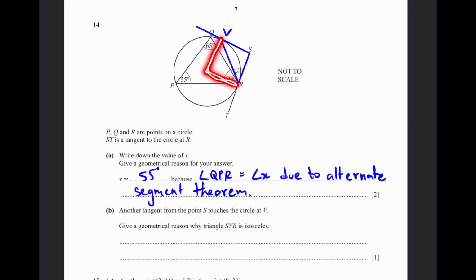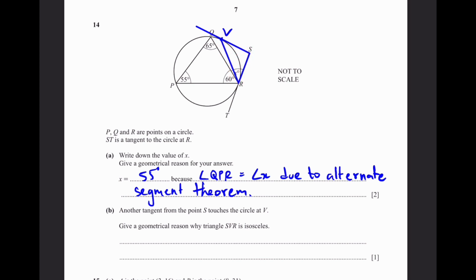And since they make a 90-degree angle with the radius, that means this will be a square, right? This full shape. And the distance from the center O to S will be the same as distance VR. So this forms a square.